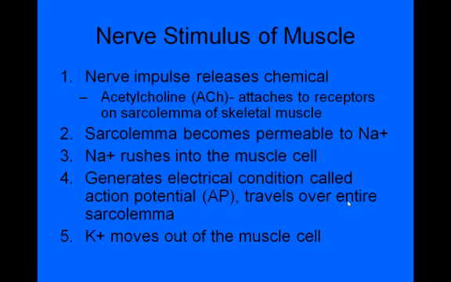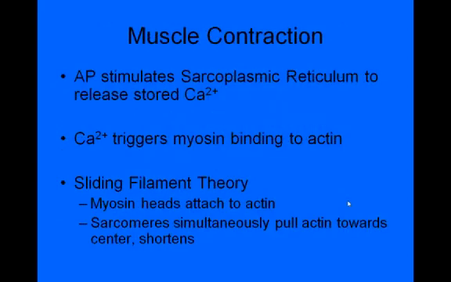The receptors binding to the sarcolemma cause it to become more permeable to sodium ions. Sodium rushes into the muscle cell and generates an electrical condition called an action potential. That's literally a nerve impulse running across the sarcolemma, and it travels down the entire sarcolemma. At the same time, potassium is moving out of the muscle cell.